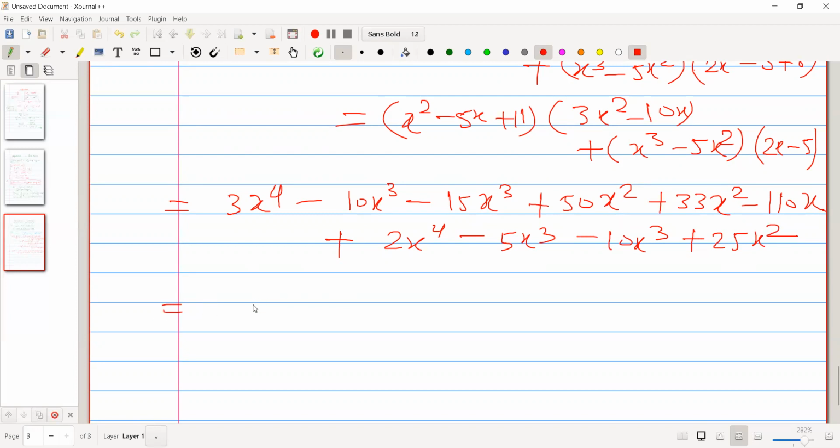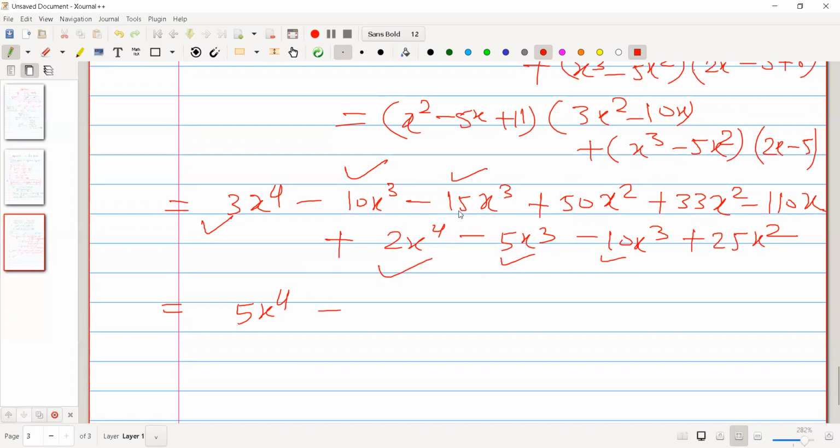Then the same terms will be 3x power 4 and 2x power 4. What do we get here? 5x power 4. Then minus 10x cube minus 15x cube, 10, 15, 25 and 30, 40. Same sign, so it will be added.